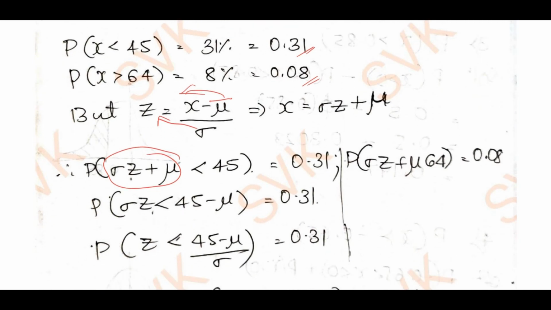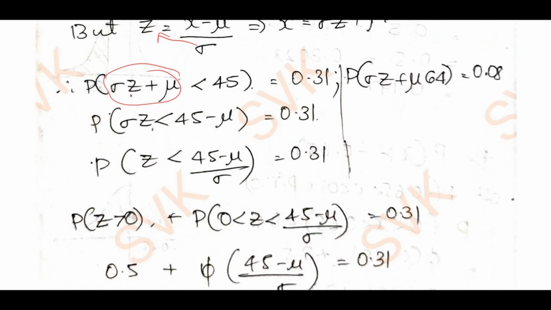So z will be what? Probability of z less than 45 minus mu by sigma equal to 0.31. So therefore, probability of z greater than 0 plus probability of 0 less than z less than 45 minus mu by sigma is equal to 0.31.